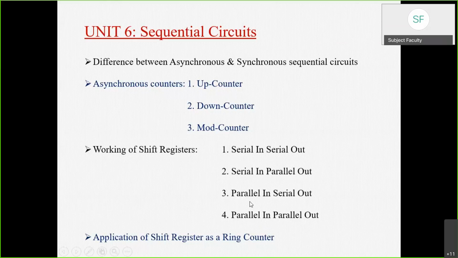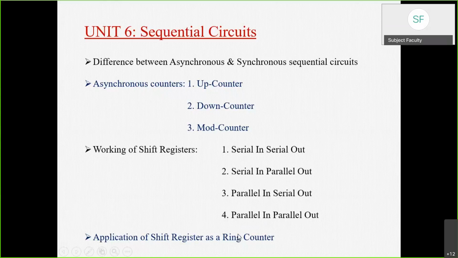In earlier lectures, we have already seen the first 3: SISO, SIPO, PISO. So in today's discussion, we will cover parallel in, parallel out. And one final topic will be remaining, that is the application of shift register as a ring counter. So we will start the discussion regarding ring counter in today's lecture itself.